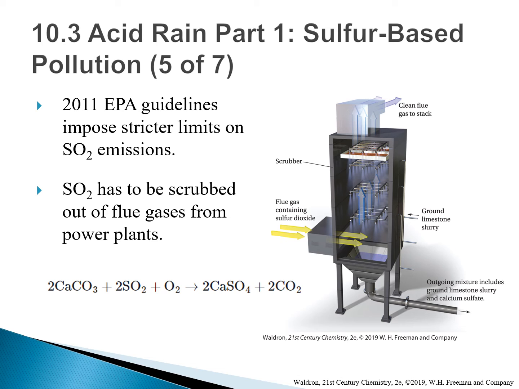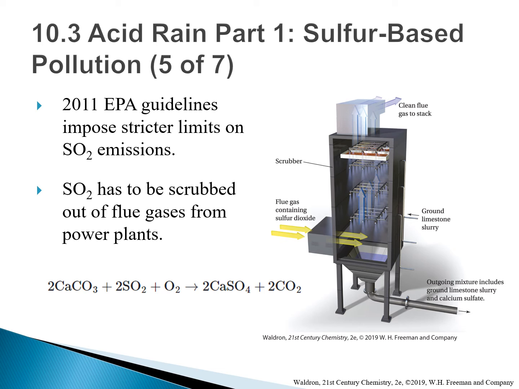In the scrubber, this sulfur dioxide gas comes in contact with jets of a watery limestone slurry, which contains calcium carbonate, CaCO3. These two substances undergo a chemical reaction to form solid calcium sulfate. This calcium sulfate can then be used in making drywall when building houses.